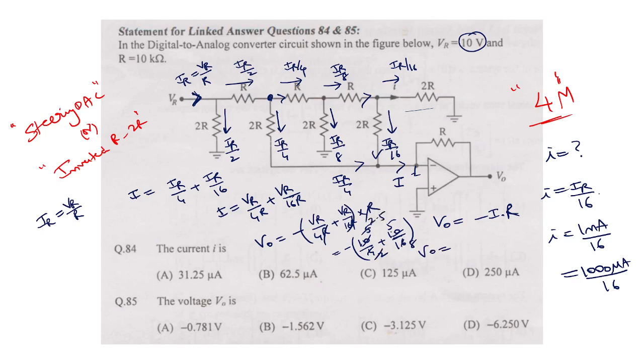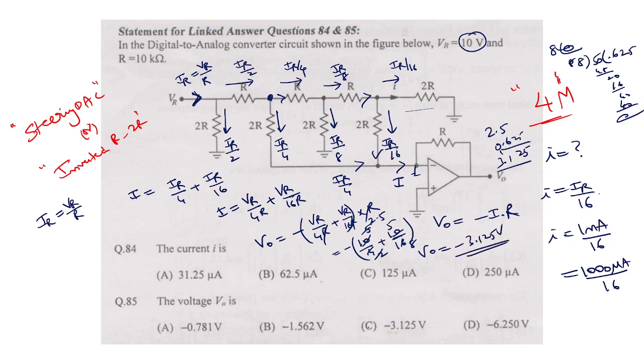What is 8 by 5? 0.625. So 2.5 plus 0.625 is 3.125. Minus 3.125. That's the right answer. Are you guys clear with this?